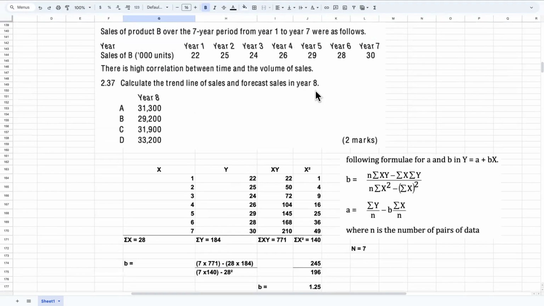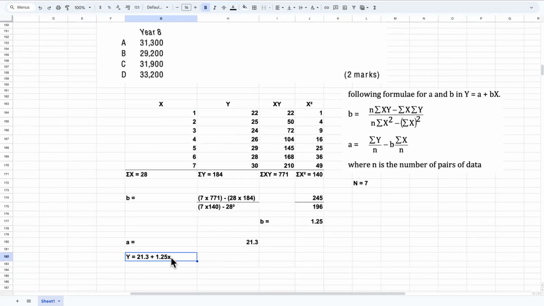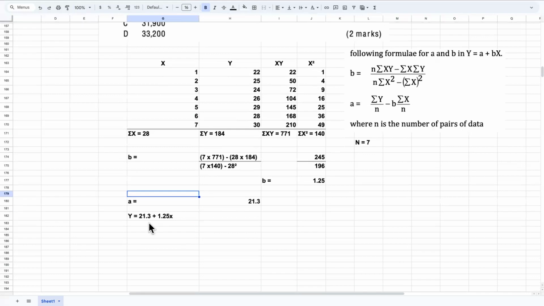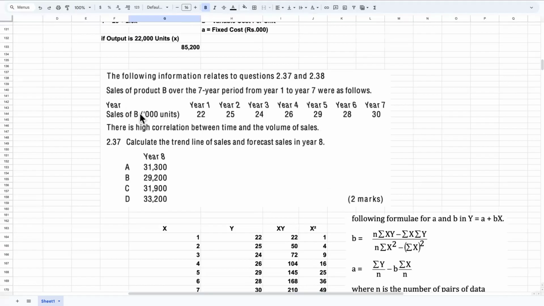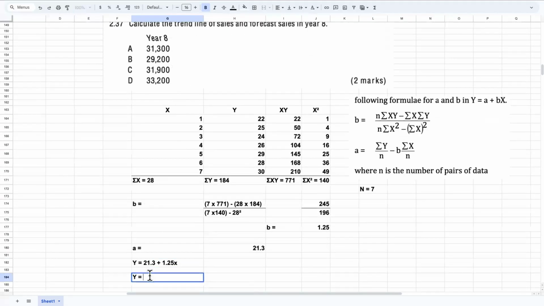And if we want to forecast the year 8, we know that x is the years we have used, so we have to put the years here. Also guys, you have to remember this 21.3, the sales value is already in rupees 1000 units. So it is going to be 21,300, right?